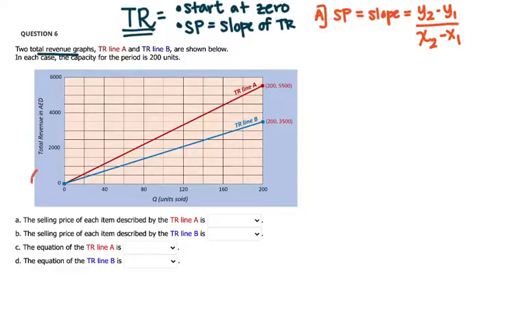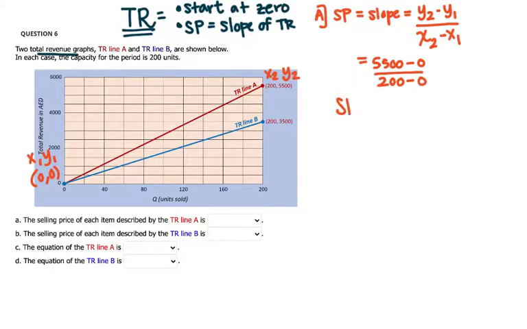So if we look at the endpoints, we've got 0, 0. That'll be your x1, y1. And we've got 200, 5,500. That'll be your x2, y2. So we plug in these numbers: 5,500 minus 0 divided by 200 minus 0.